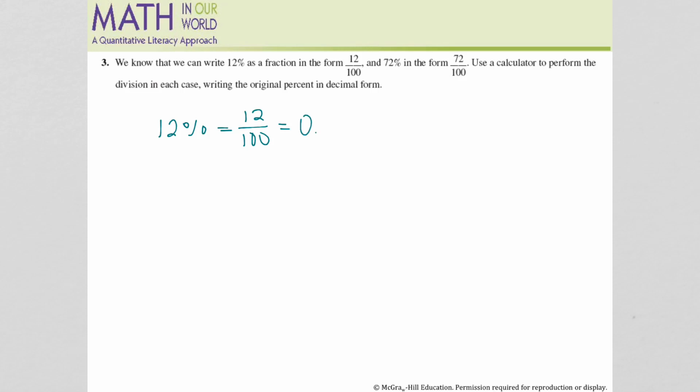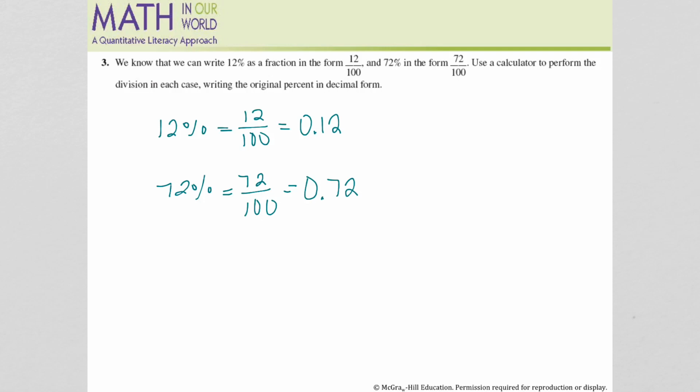And if we use a calculator, it changes it to 0.12 or 12 hundredths. 72% is the same as 72 over 100, and using a calculator it changes it to 0.72.